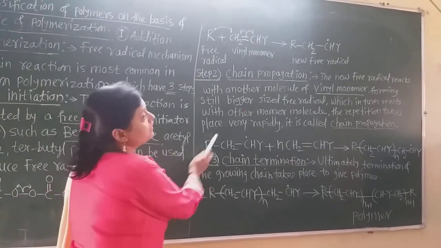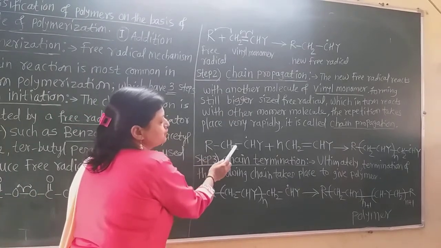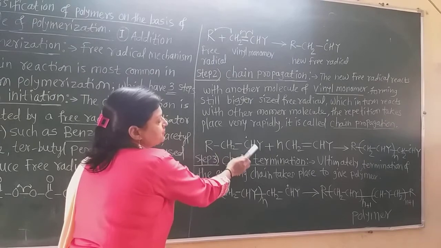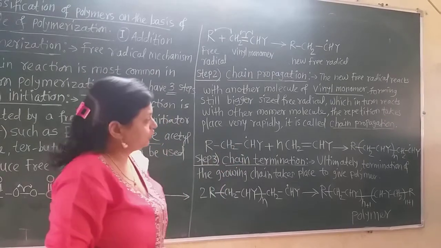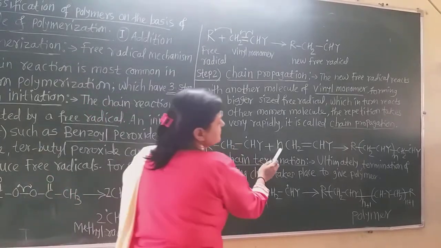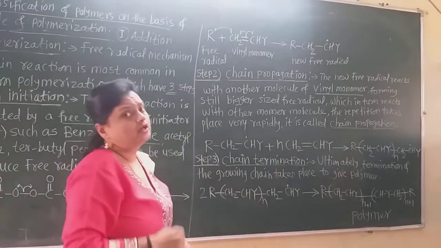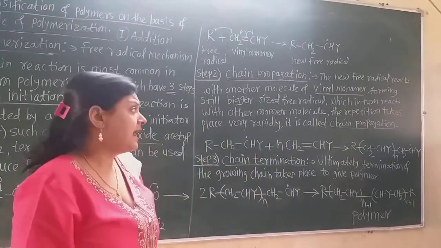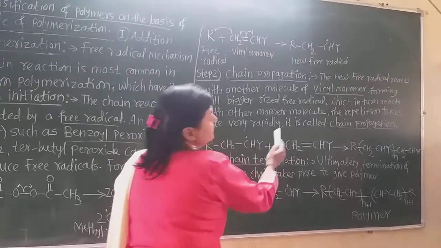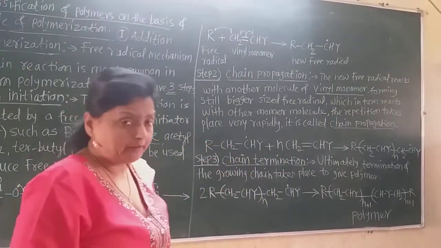Now this is our new free radical, RCH2-CHY, and here is the odd electron, and this is the vinyl monomer, and we take n number of vinyl monomers. Now what happened?